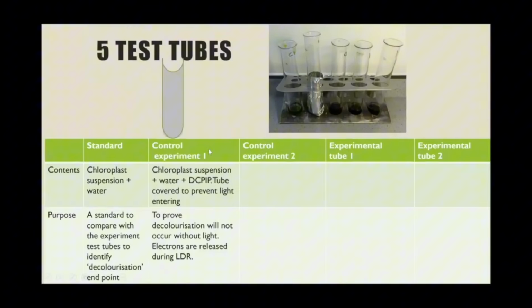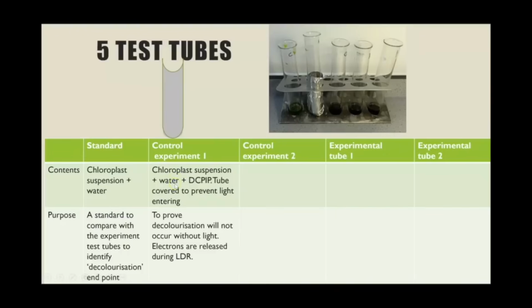I've also got two control experiments. Control experiment 1, we can see here, is covered in foil, which I'm trying to represent here with that grey colour. What's actually inside the test tube, though, is still the chloroplast suspension, still distilled water, and this time DCPIP as well. But the test tube is covered in foil to prevent light from reaching that solution.